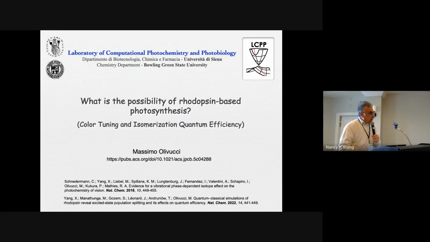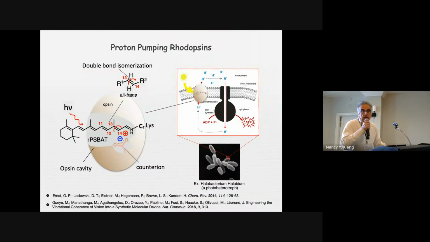Okay. So at this point, we know a lot about rhodopsin. We know that it's an extremely simple system when compared to the photosystems, just one protein and one pigment at the minimal level.